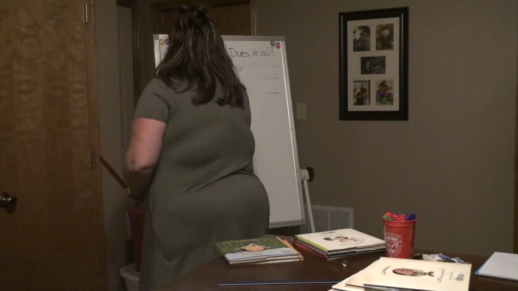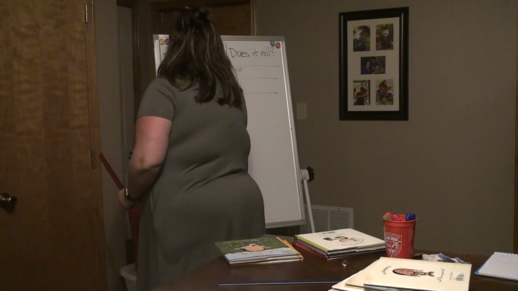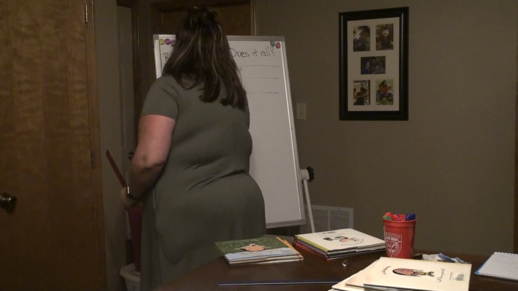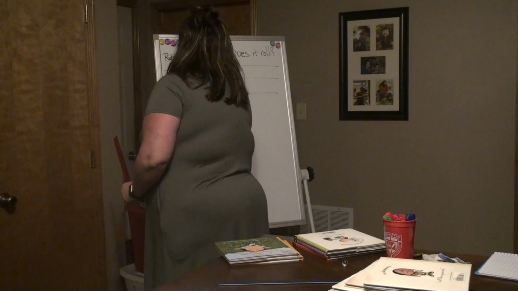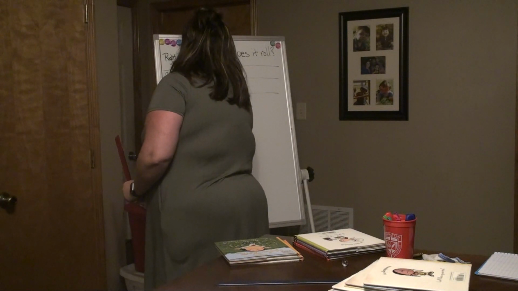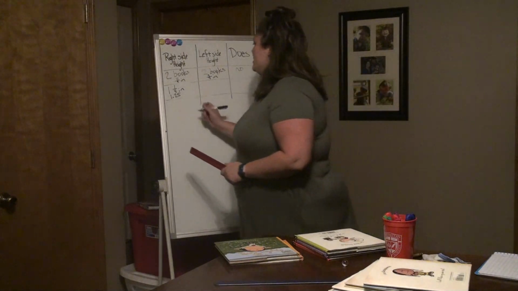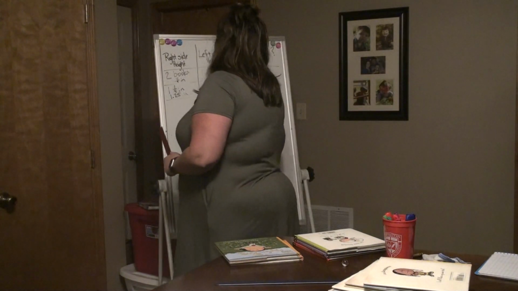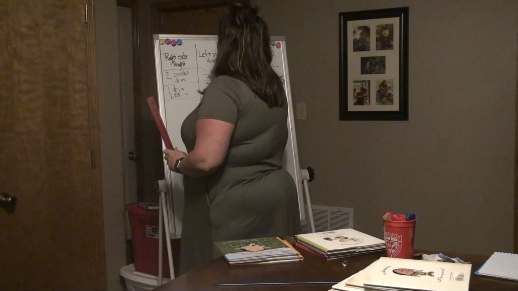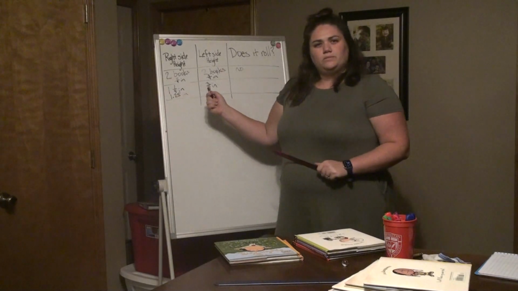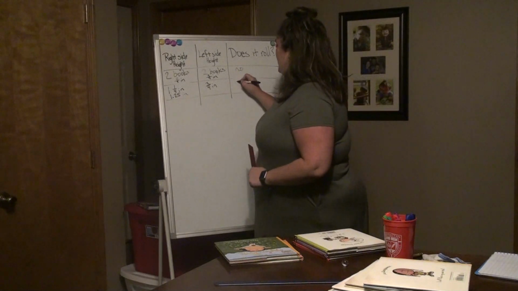So we're going to put 1 1/4 inch, or you can put 1.25, because that's another way to write 1 1/4 inches. And this side was still 3/4 inch. Did that one roll? Yes, good job.